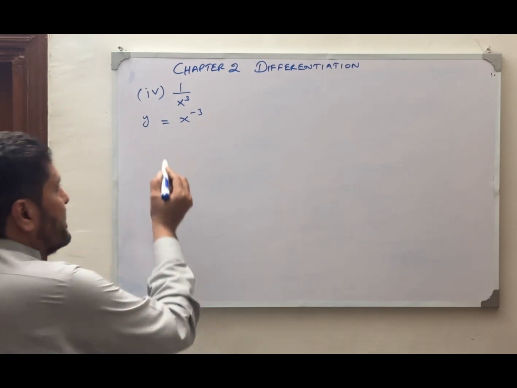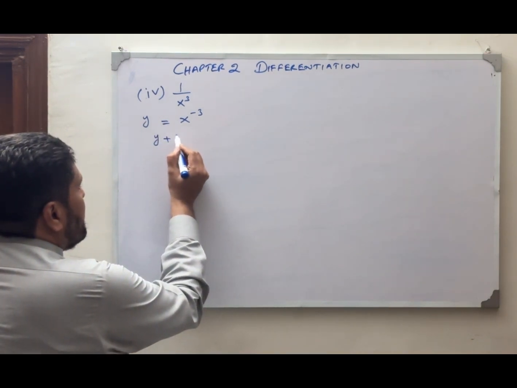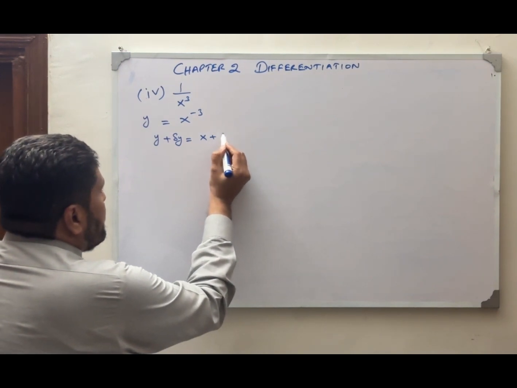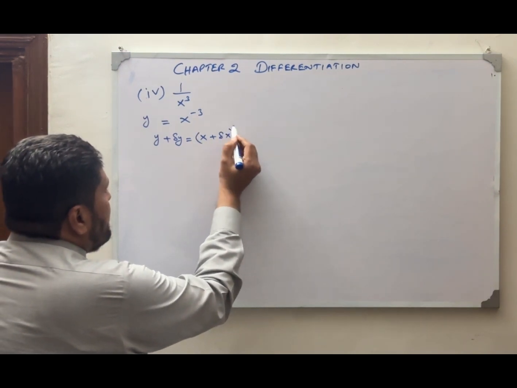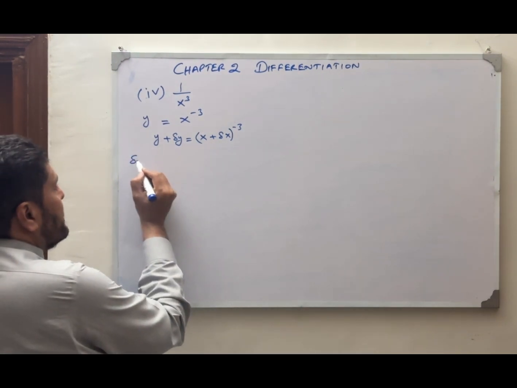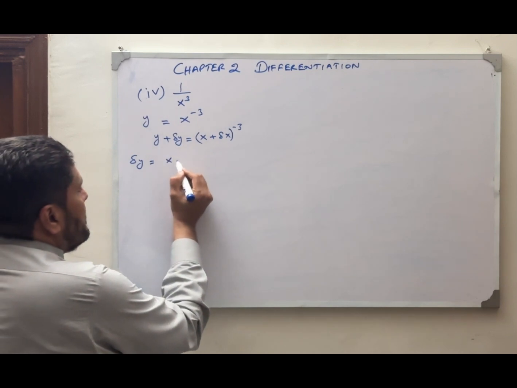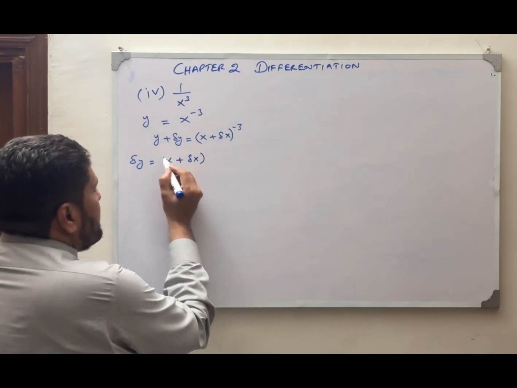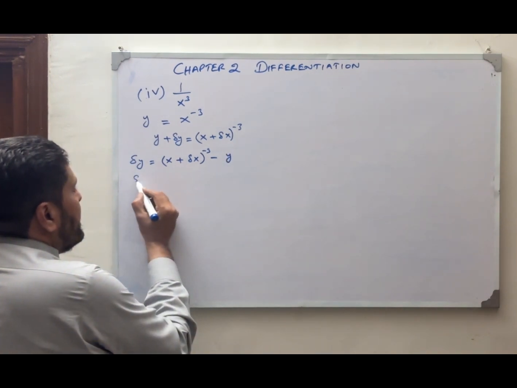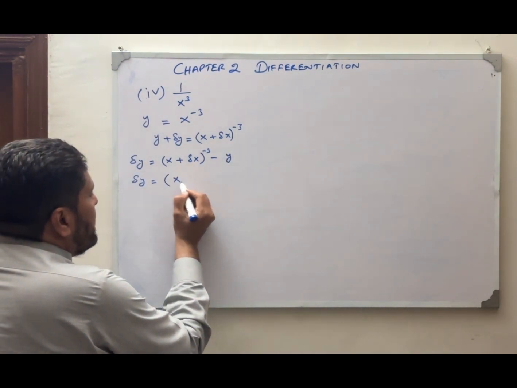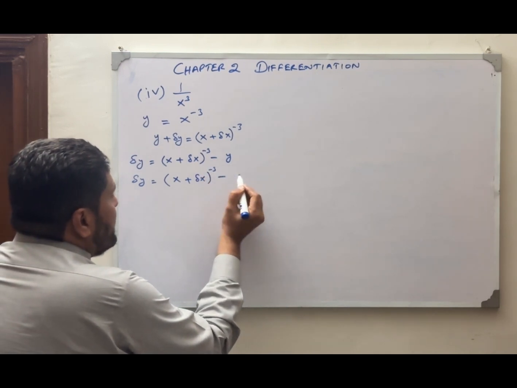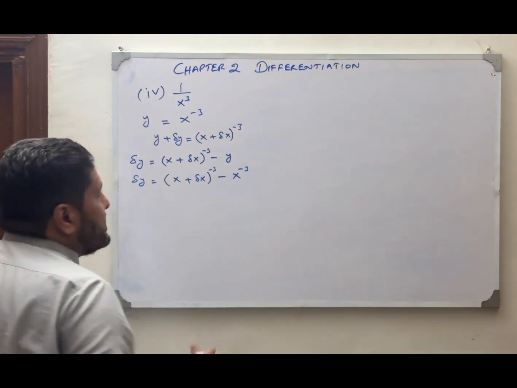So using step 1, we have y plus delta y equal to x plus delta x whole power minus 3. Taking y on the other side of the equation, delta y is equal to x plus delta x power minus 3 minus y, and then by putting the value of y, this will become x plus delta x power minus 3 minus x power minus 3.